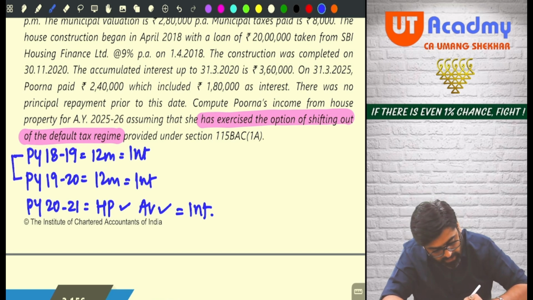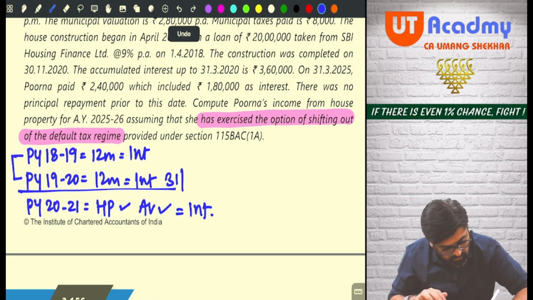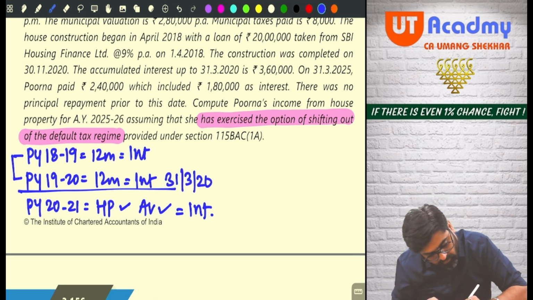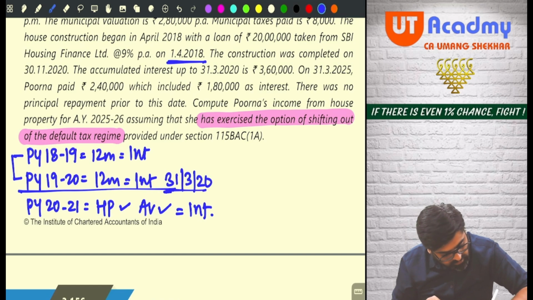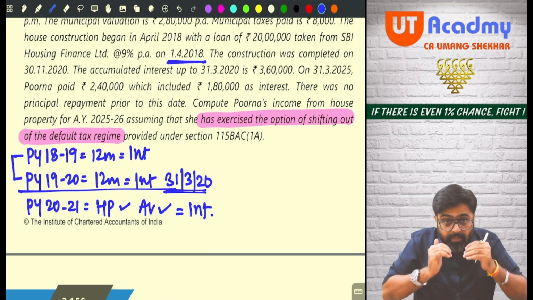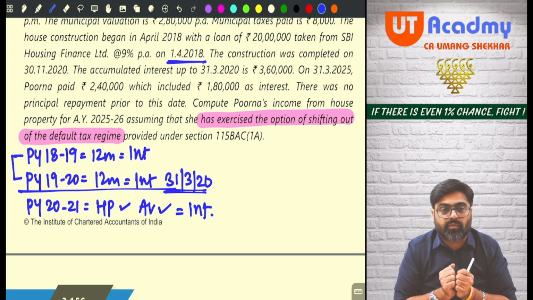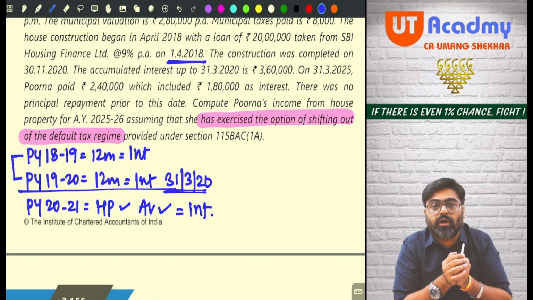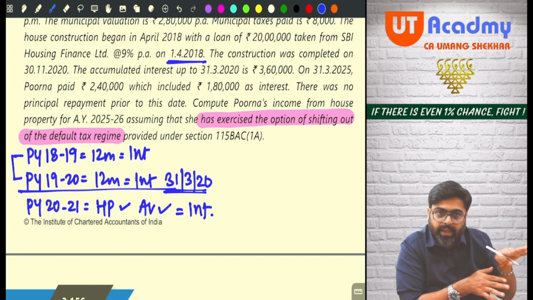Can I say interest till 31st March 2020, starting from the date of borrowing, which was 1st April 2018, till 31st March 2020, the 31st March immediately preceding the date of completion of construction. Date of completion of construction was 30th November 20.